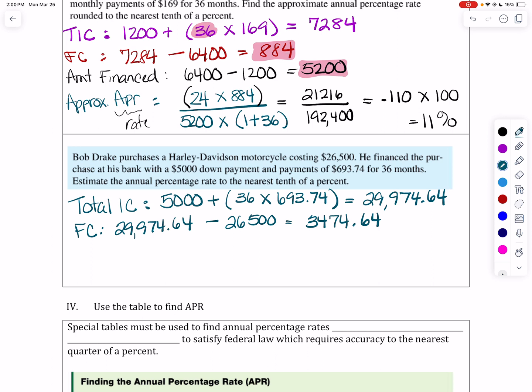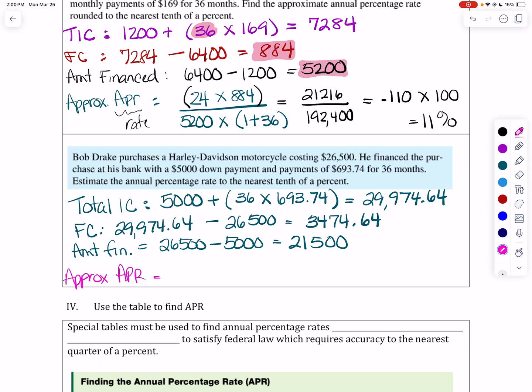That's the difference between those. That's the finance charge. And then the amount financed is going to be the original cost, $26,500, minus the down payment of $5,000, which says that we financed $21,500.